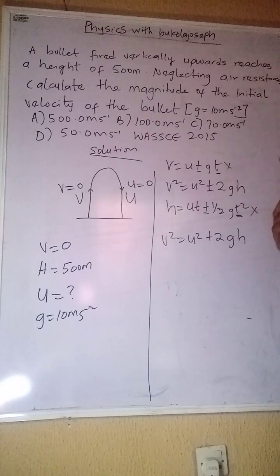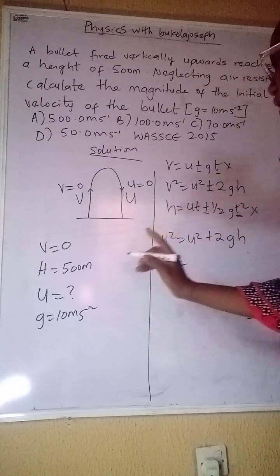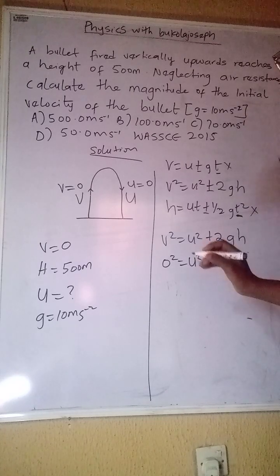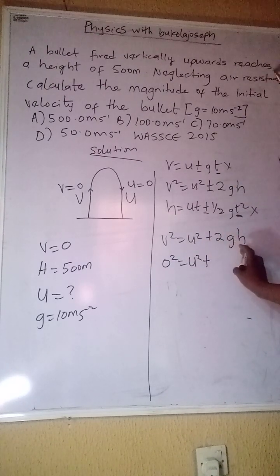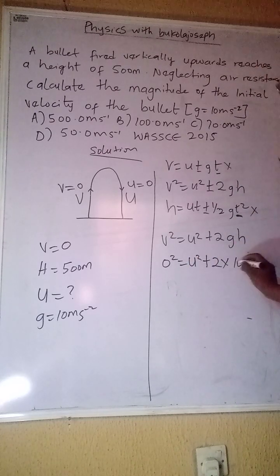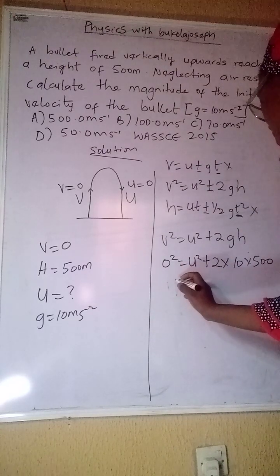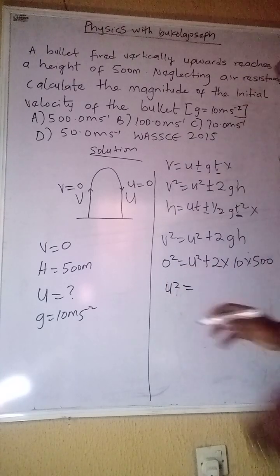So what do we do now? We substitute. V is 0. U is what we are looking for. Then we have plus 2gh. 2 is a constant, times 10, times h, which is 500.